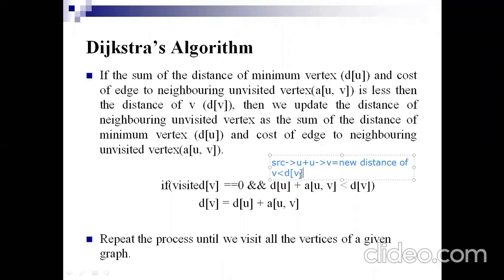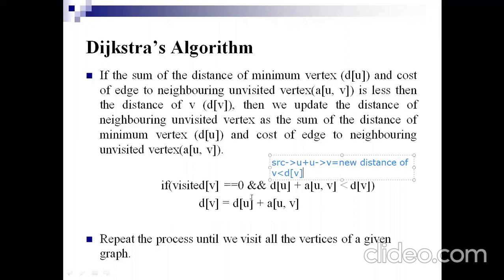So what is D of V? You all know that. D of V is nothing but the distance from source to V. If at all the new distance is less than D of V, in that case, update D of V equals to D of U plus A of U V.